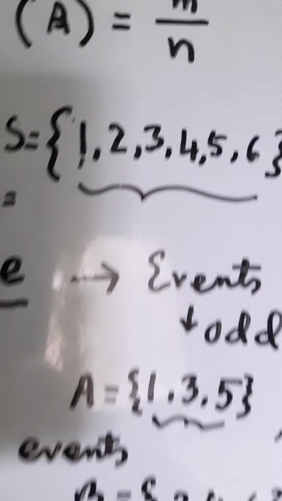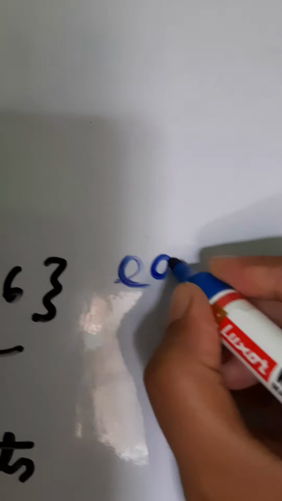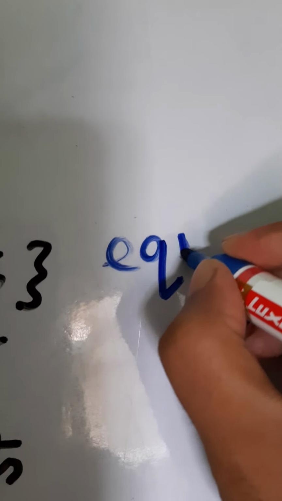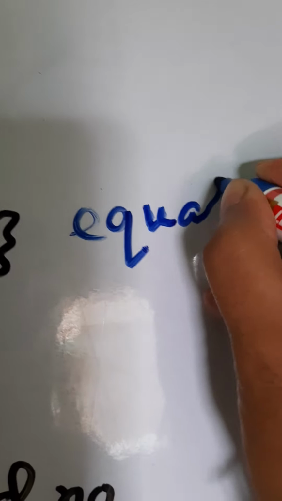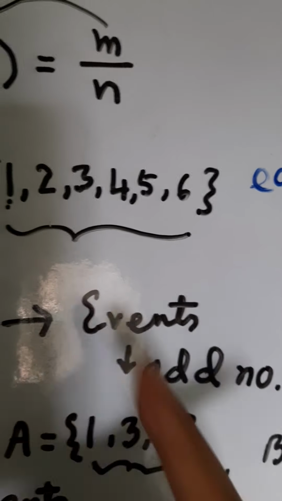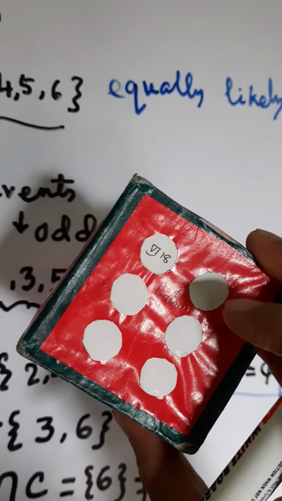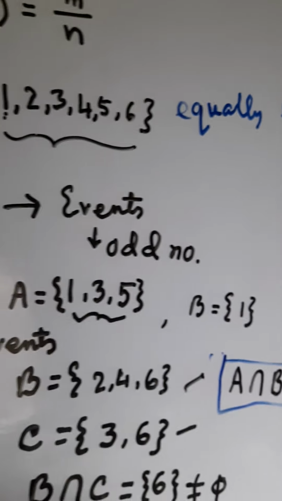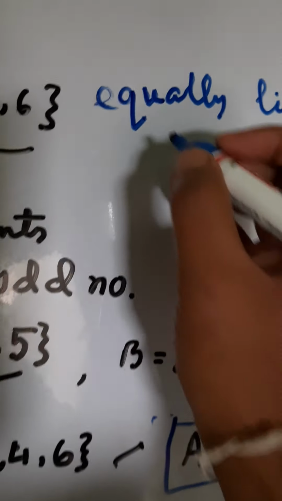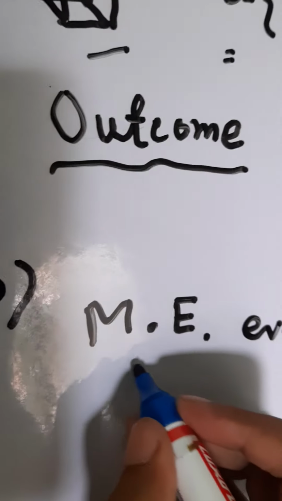So in this case they are called equally likely. So all the outcomes are equally likely because this die is a balanced die. Okay, now we have come through the terms equally likely and mutually exclusive events.